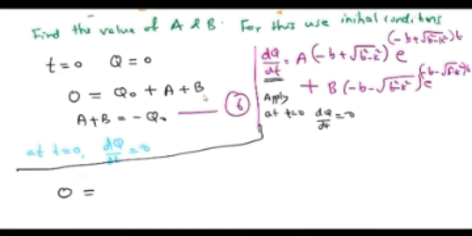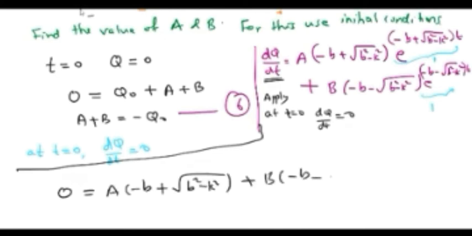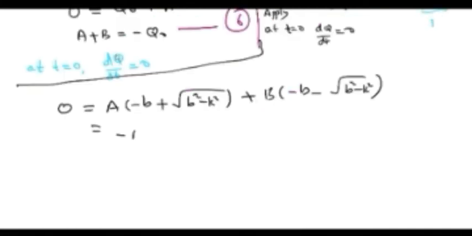When time t is equal to 0, this will be 1, this will be 1, then we are left with A into minus b plus root of b square minus k square, plus B into minus b minus root of b square minus k square. If I open the bracket, this will be minus Ab plus A into root of b square minus k square, minus Bb minus B into root of b square minus k square.